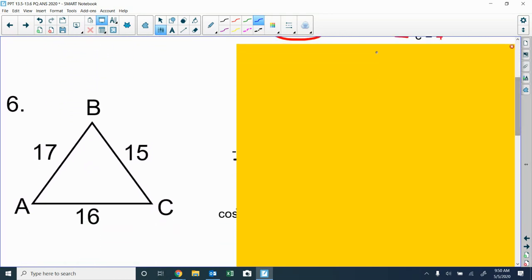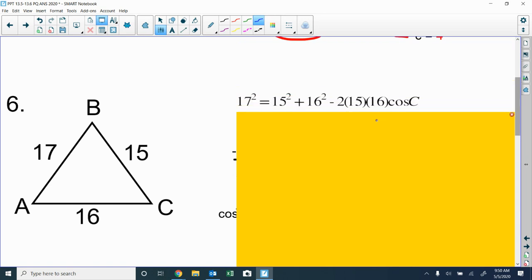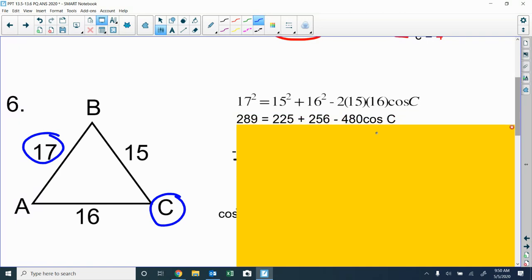Number 6 is another side, side, side. So as we talked about earlier, we always need to hunt down what? Hunt the biggest one. So the biggest angle is going to be C, because the biggest side is 17. So we want to start that right there. 17 squared is equal to 15 squared plus 16 squared.